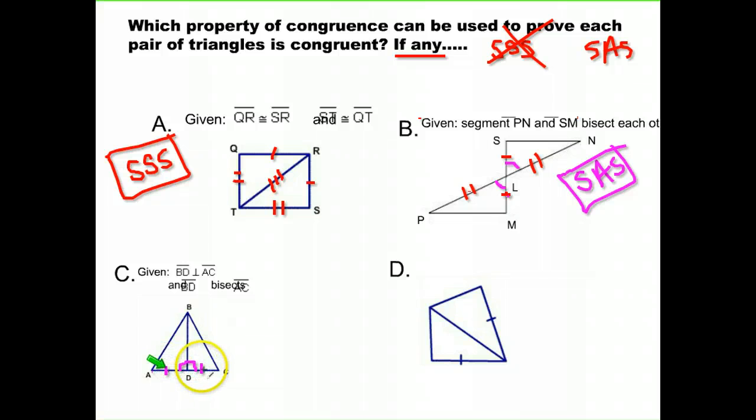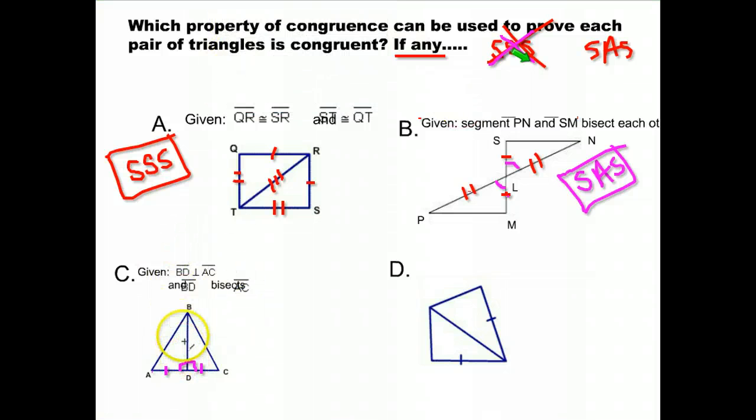So AD and DC are congruent, and we know that we have right angle here and here. Okay, so once again, our options are either side, side, side, or side, angle, side. Well, we have one side congruent here to one side here. Okay, we have these sides on the outside that are not marked at all, right? And there's no property that would tell me they're congruent. So again, side, side, side is not going to work.